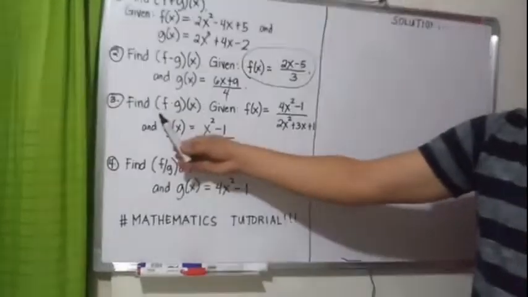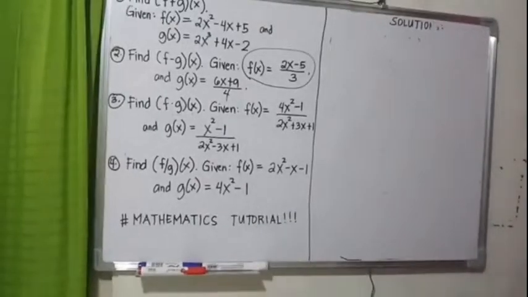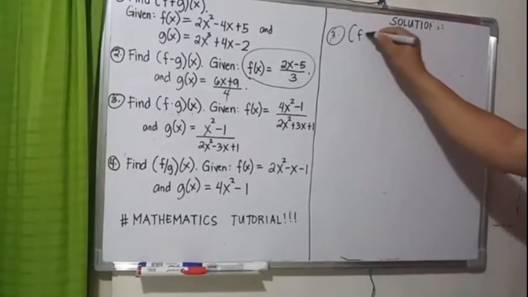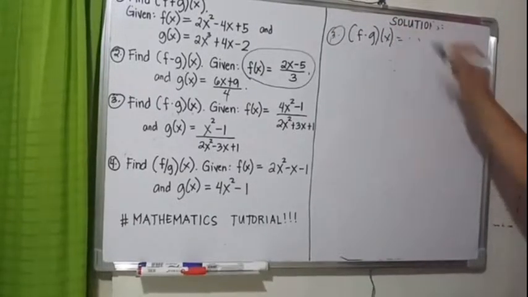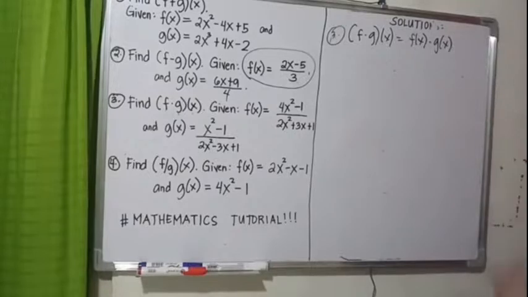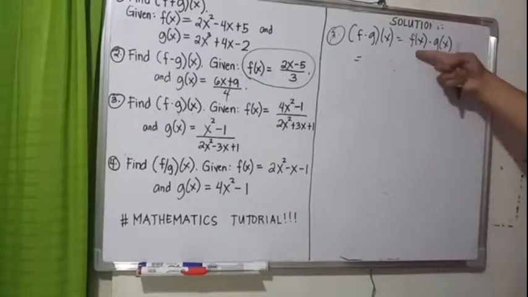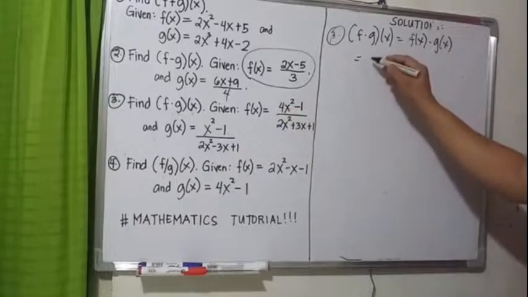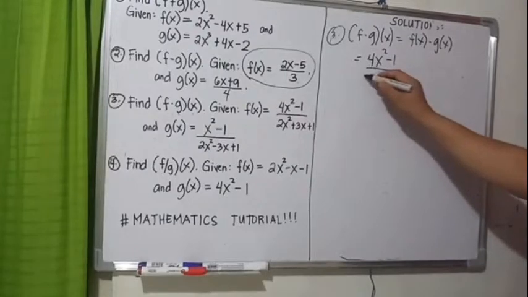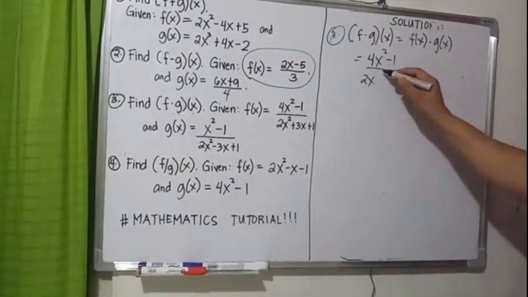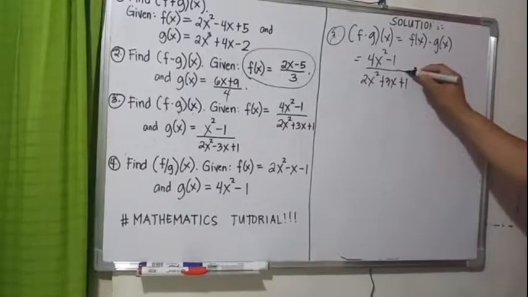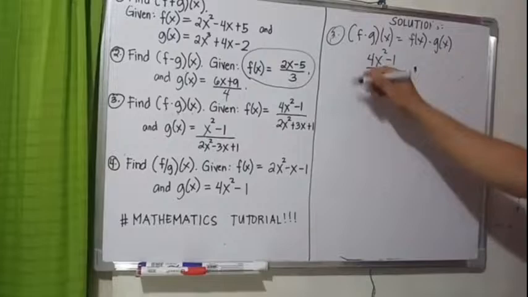So find the quantity of f times g times x, so that is product. So formula number 3, f times g of x equals f of x times g of x. So equals, value of f of x is 4x squared minus 1 over 2x squared plus 3x plus 1 times, i-align natin yung equal sign.